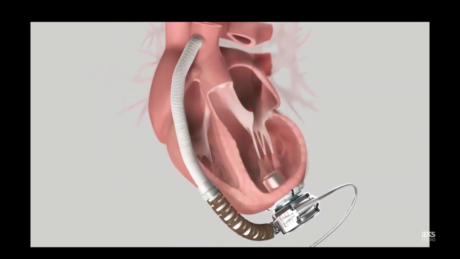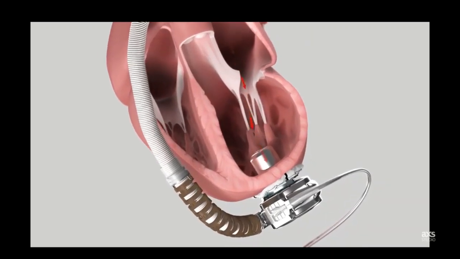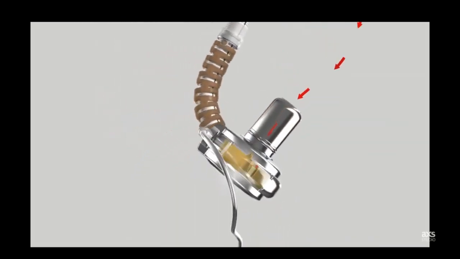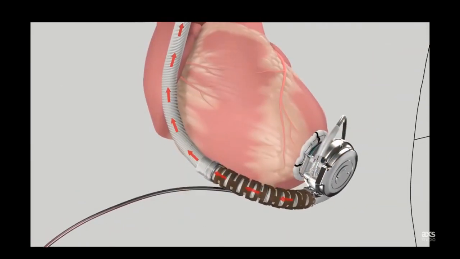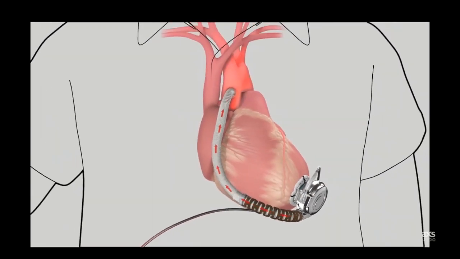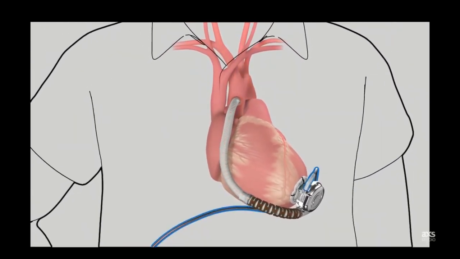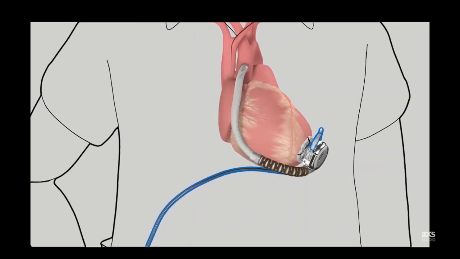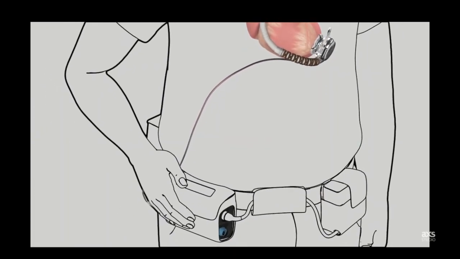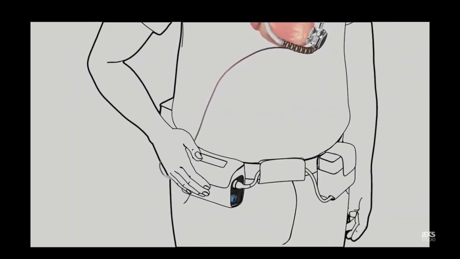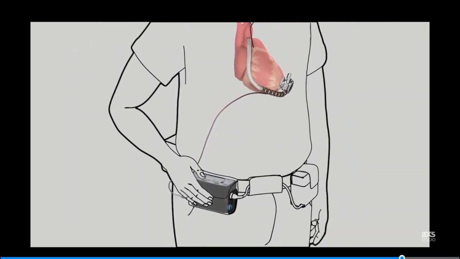The outflow graft is then attached to the ascending aorta. Once in place, blood flows from the left ventricle through the inflow cannula into the impeller. It then exits through the outflow graft to circulate throughout the body. The driveline cable, constructed with fatigue-resistant conductor wires similar to those used in pacemakers, exits the patient's skin and connects the implanted pump to an externally worn controller.